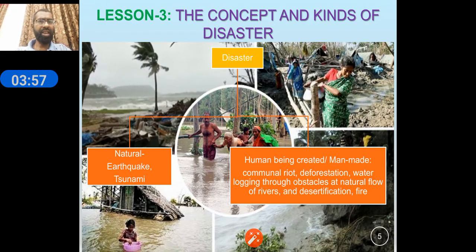It is generally initiated by human beings, and for that we have to suffer for long. These types of disaster include war, communal riots, deforestation, waterlogging, fire, and so on.